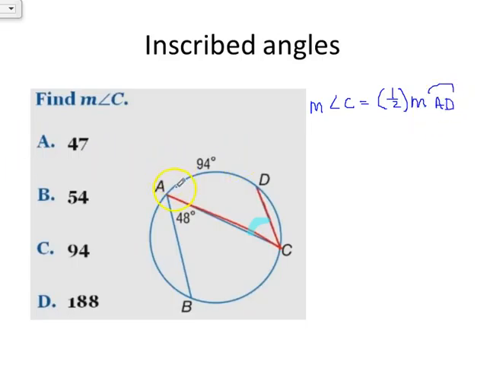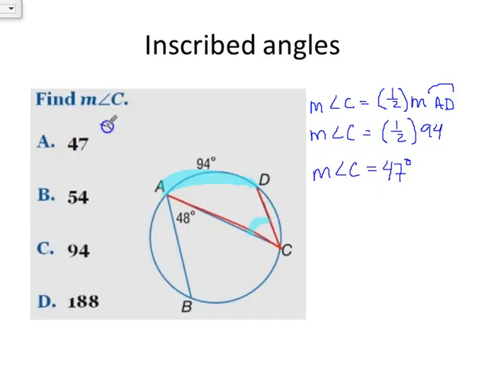Arc AD is intercepted by angle C, angle ACD, if you want three letters for that angle. We know that the measurement of arc AD is 94, so we're simply going to take half of 94. 94 divided by 2 is 47. So if you chose 47 degrees, if you chose A as your answer, you were correct.